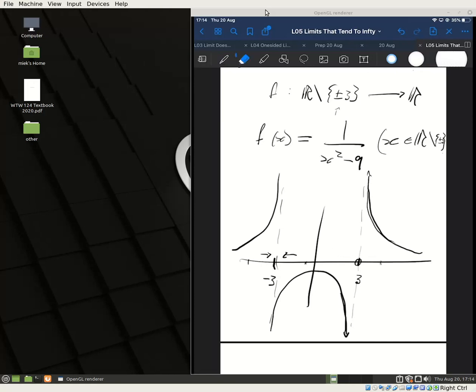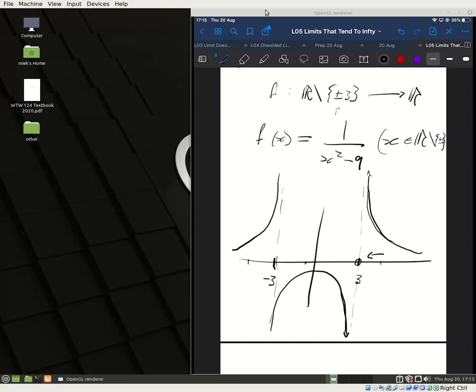So let us just talk about how we can describe infinity. What does it mean that we say this function f tends to infinity as x tends to 3 from the right?